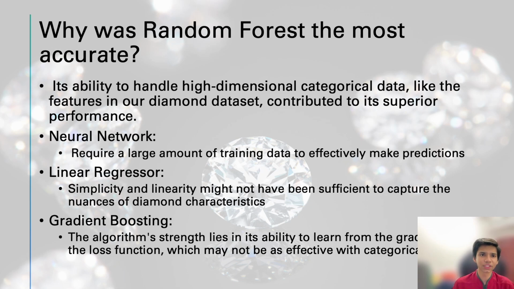As for the linear regressor, the regressor assumes a linear relation between the independent and the dependent variable. The problem is, with diamonds, it is not nuanced enough to capture the characteristics of diamonds. Yes, diamond prices do definitely increase as, let's say, the clarity of the diamond increases, but another thing is it does not increase in a linear way.